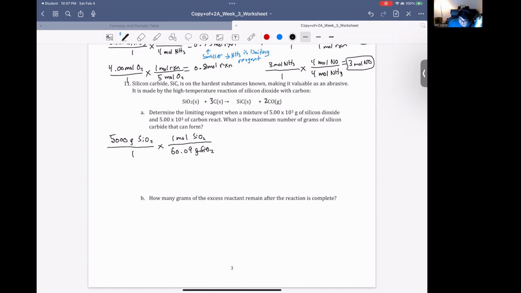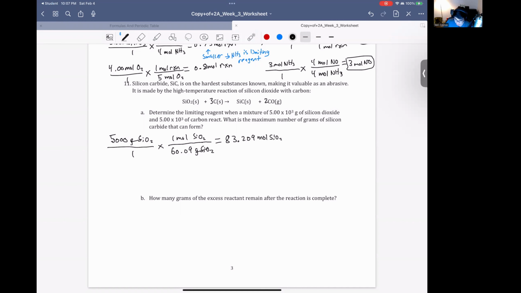All right, we just go ahead and get rid of those. And then actually, you could convert this to moles. Let's do that. I was going to just convert it to moles of reaction, but again, I think most people are used to just normal stoichiometry. So I'm going to keep this in moles of silicon dioxide here first. Give me 1 second here. This is 83.209. So we don't have any rounding errors or big rounding errors. And moles of silicon dioxide.